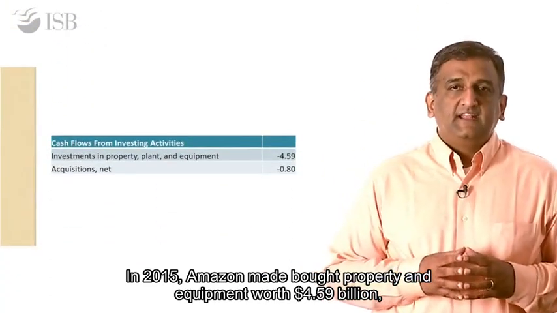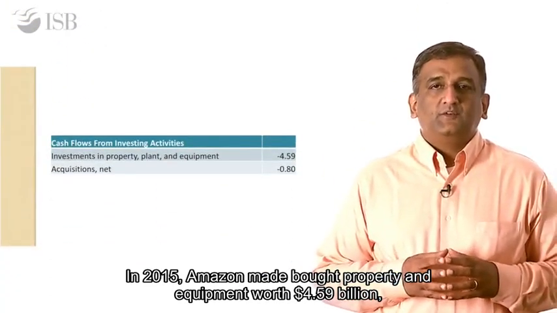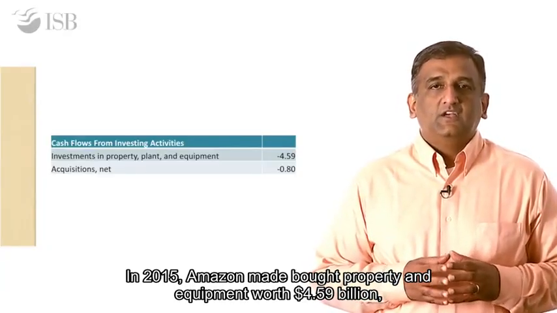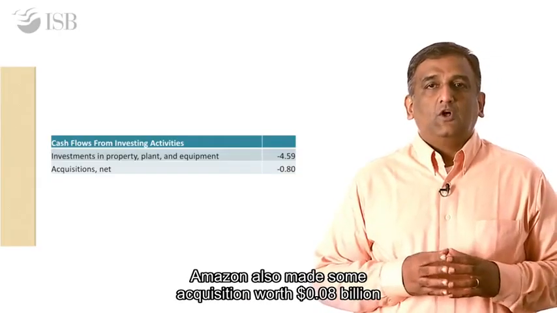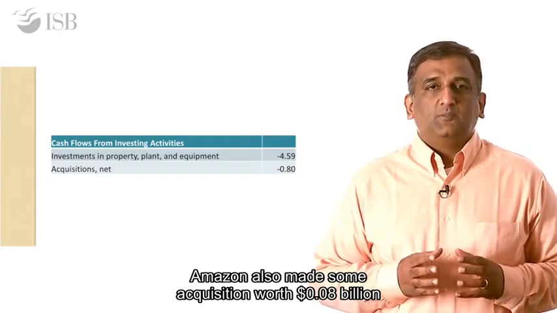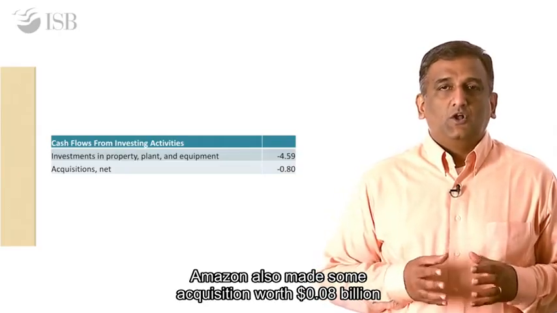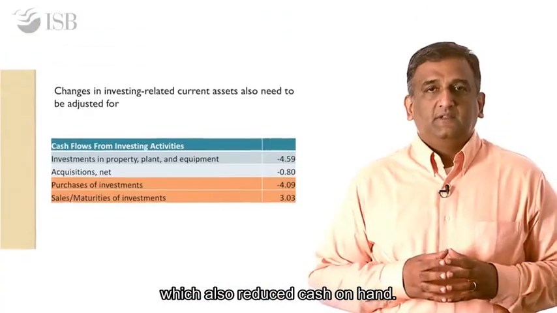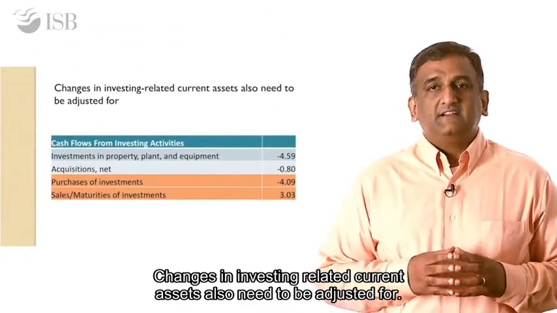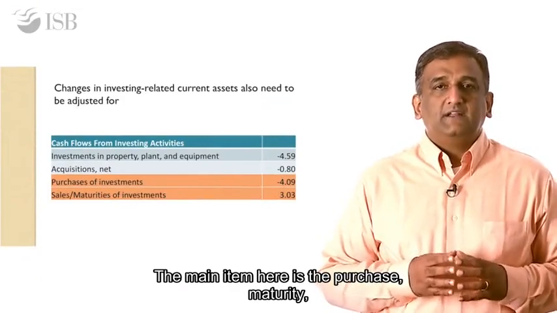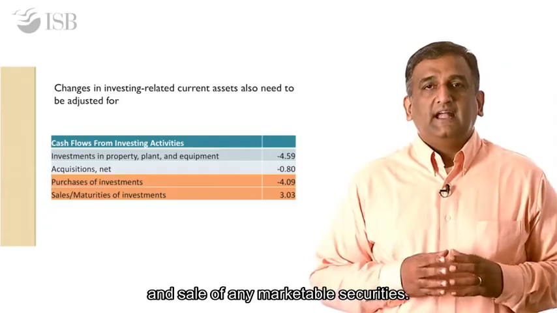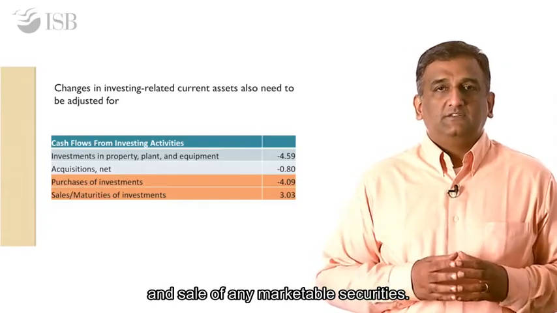In 2015, Amazon bought property and equipment worth $4.59 billion, which means that cash on hand reduced by this amount. Amazon also made some acquisitions worth $0.80 billion, which also reduced cash on hand. Changes in investing related current assets also need to be adjusted for. The main item here is the purchase, maturity, and sale of any marketable securities.